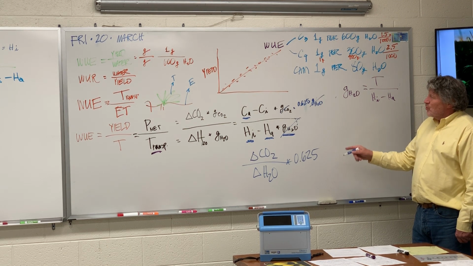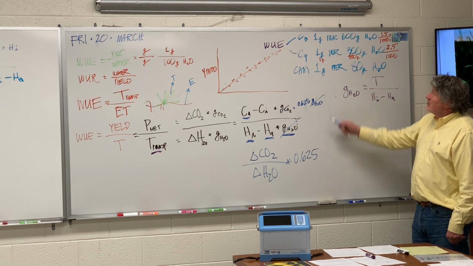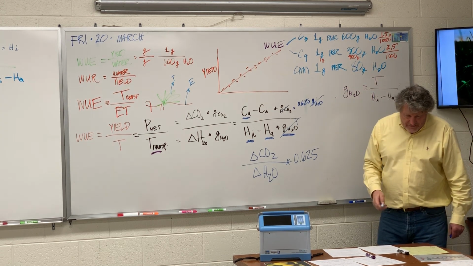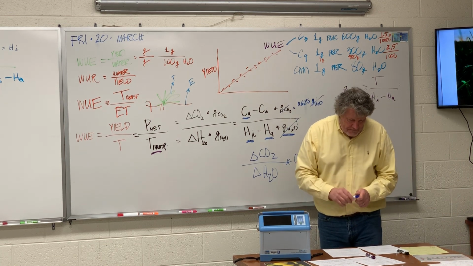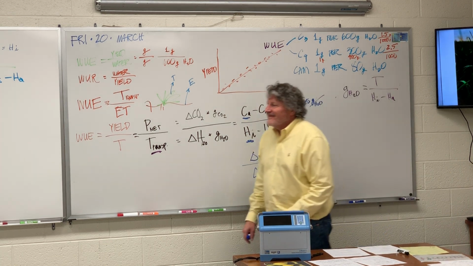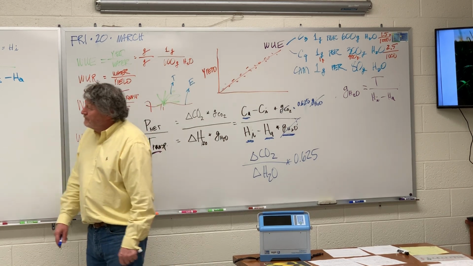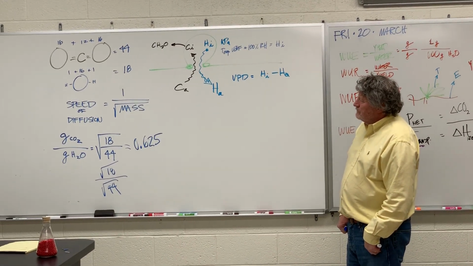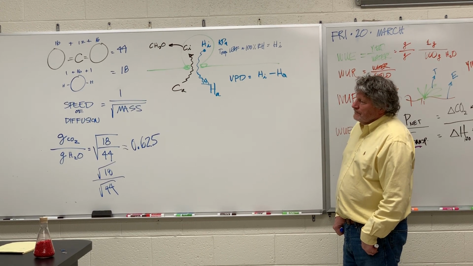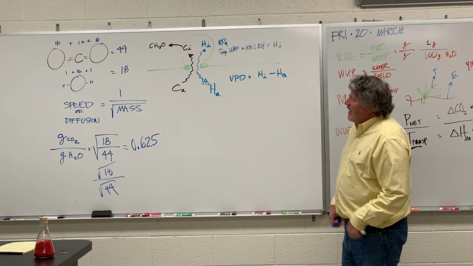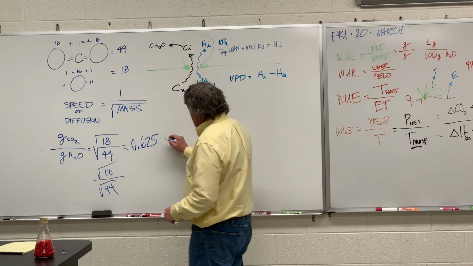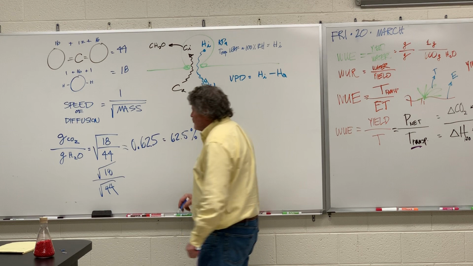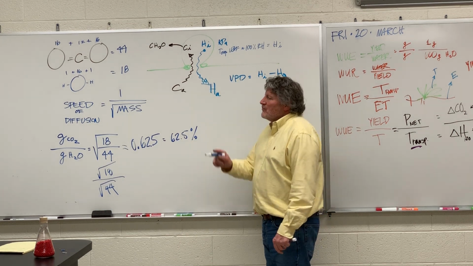But let's work through one, because do we have these kind of numbers when we do this? Excuse me, yes? In this equation, CO2 moves 62.5 times greater than H2O. This would be 62.5% faster than H2O.